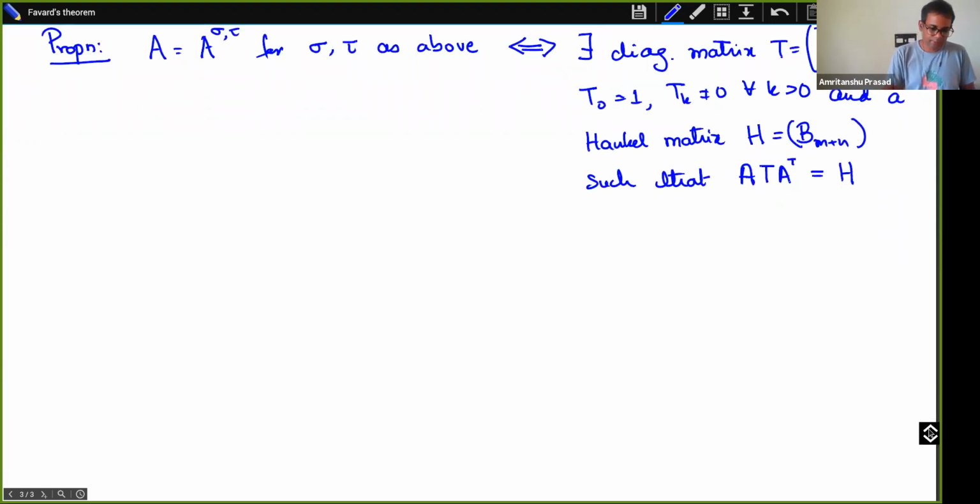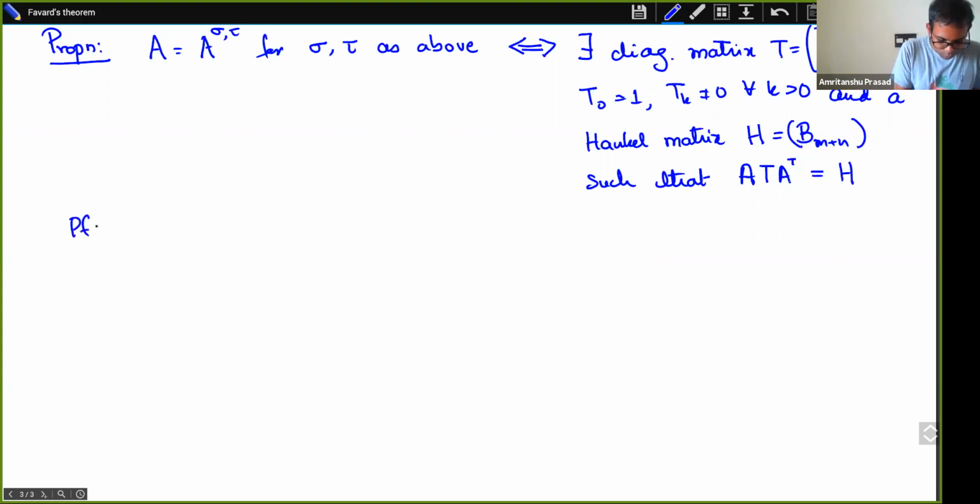Okay, so this is the proposition, and we've already proved, just an addendum: if this is so, then the Ti are given by the product, and you can factorize H. And then we'll see that you can do that if and only if the finite principal submatrices of this have non-zero determinant. So that's going to be the claim.